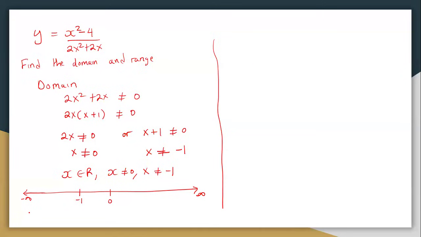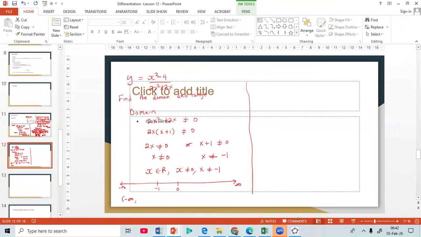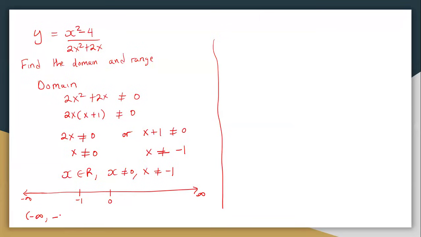So you are going to say from negative infinity to -1, union from -1 to 0, union from 0 to infinity.